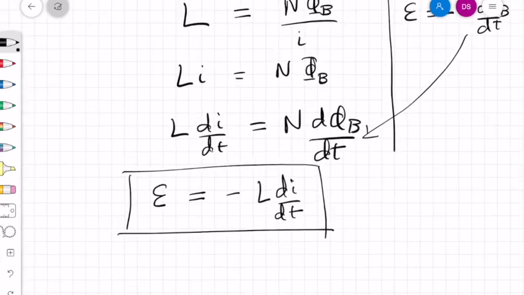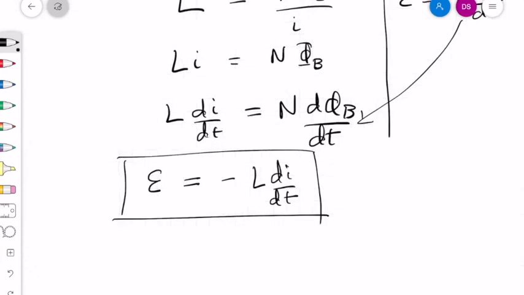So this quantifies what I just said a moment ago, that an inductance measures how much the circuit element opposes any change in the current.